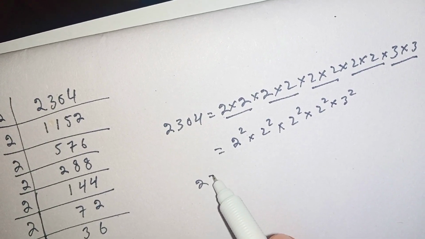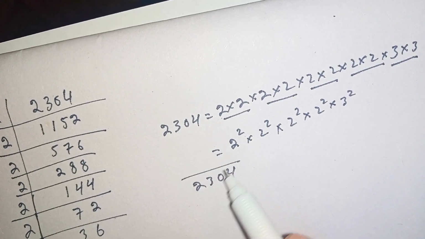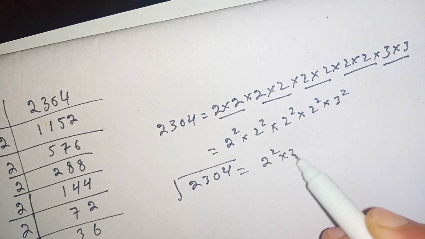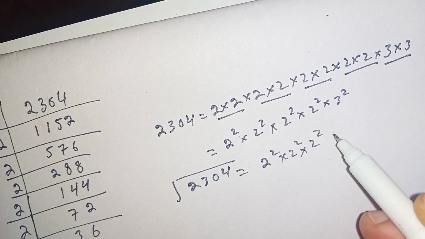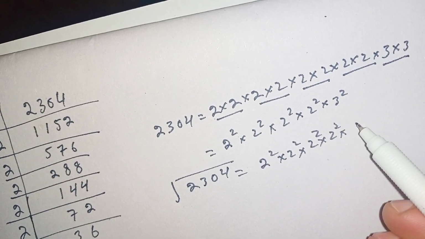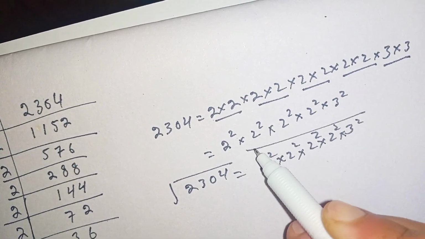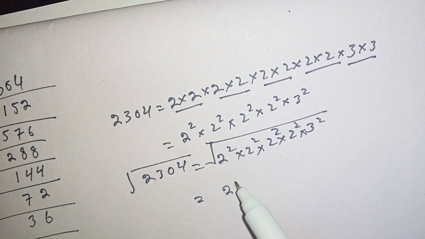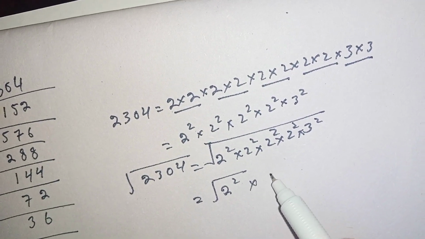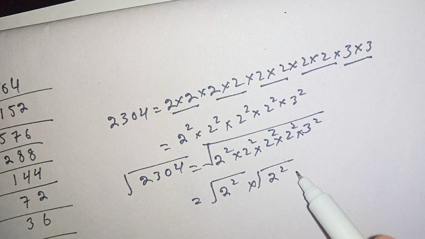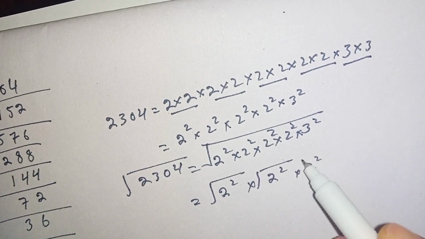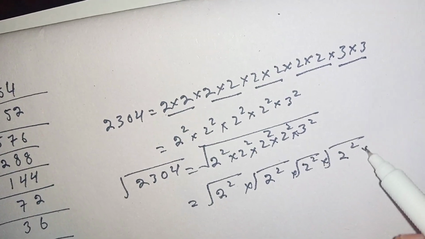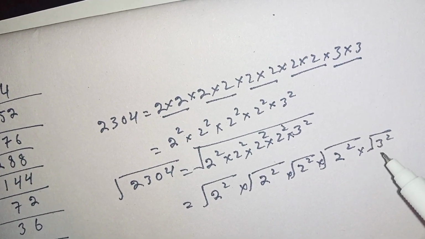So the square root of 2304 is equal to the square root of 2 square multiplied by 2 square multiplied by 2 square multiplied by 2 square multiplied by 3 square, right? We can write this as the square root of 2 square multiplied by the square root of 2 square multiplied by the square root of 2 square multiplied by the square root of 2 square multiplied by the square root of 3 square, right?